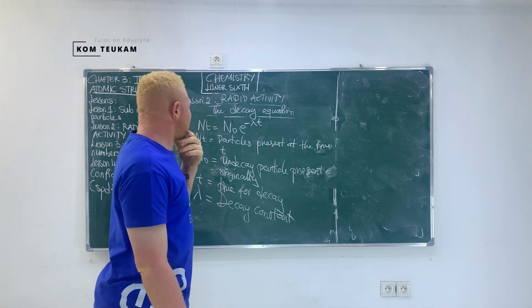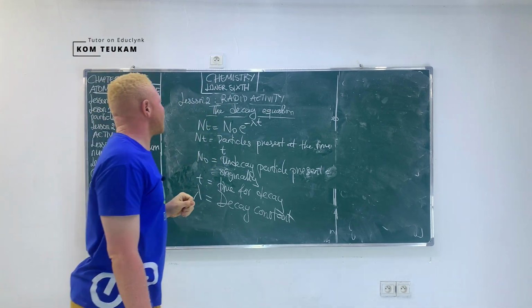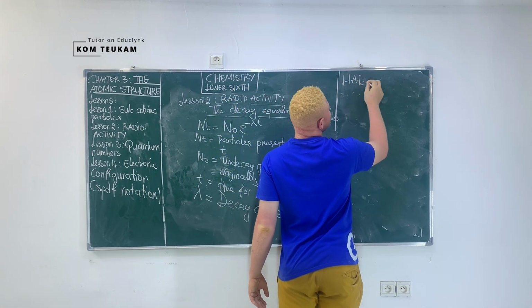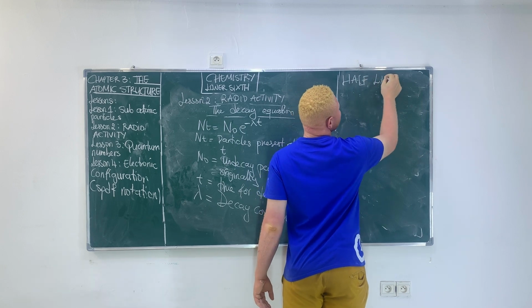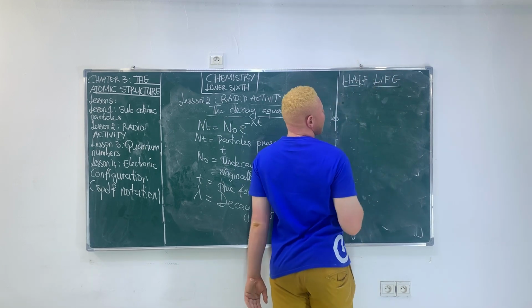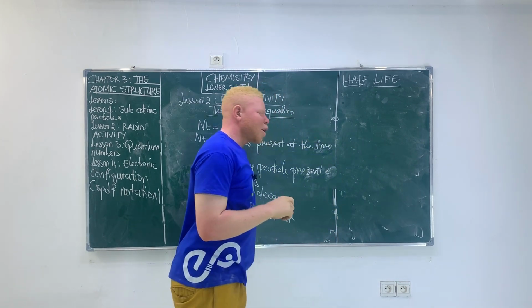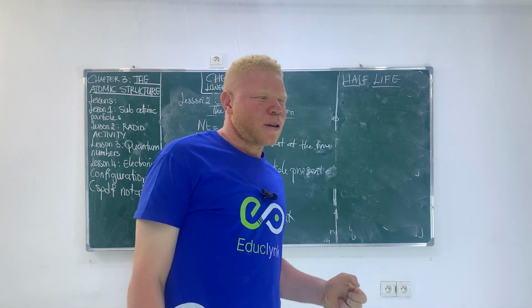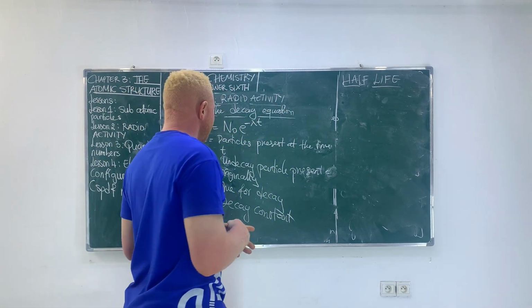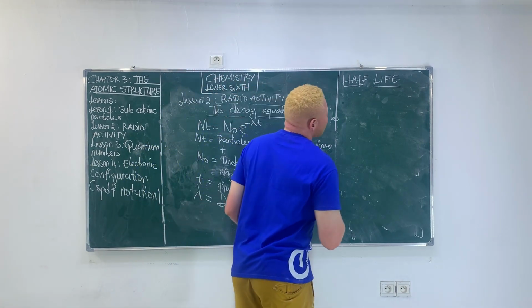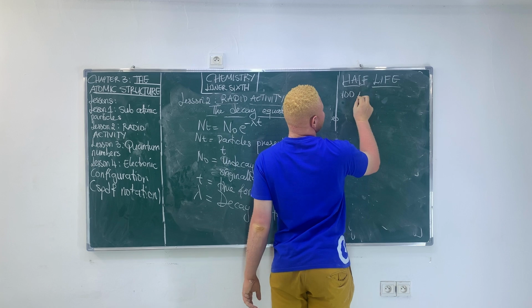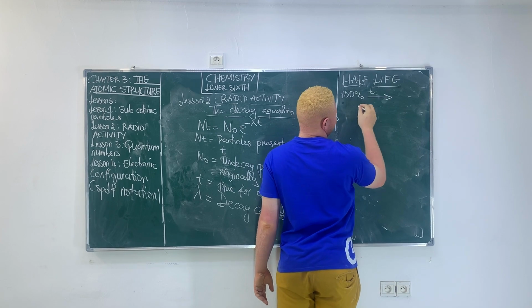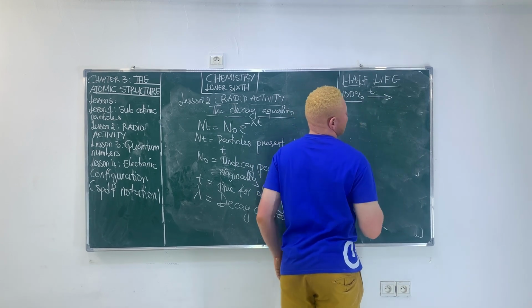Okay, let's see. Half-life. Half-life is the time taken for the activity of a radioactive sample to drop to half of its original value. It means that if originally we have 100%, after a time t, this 100% will drop to half of its original value.